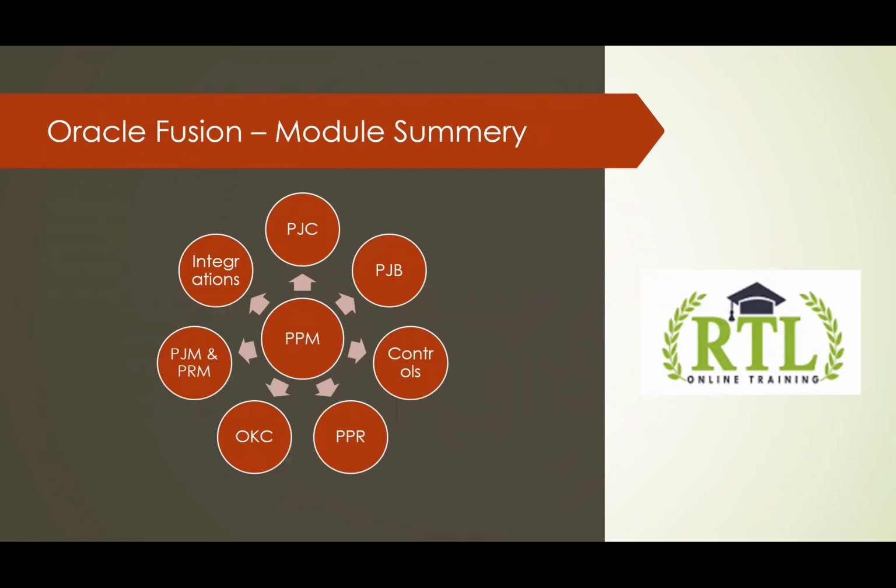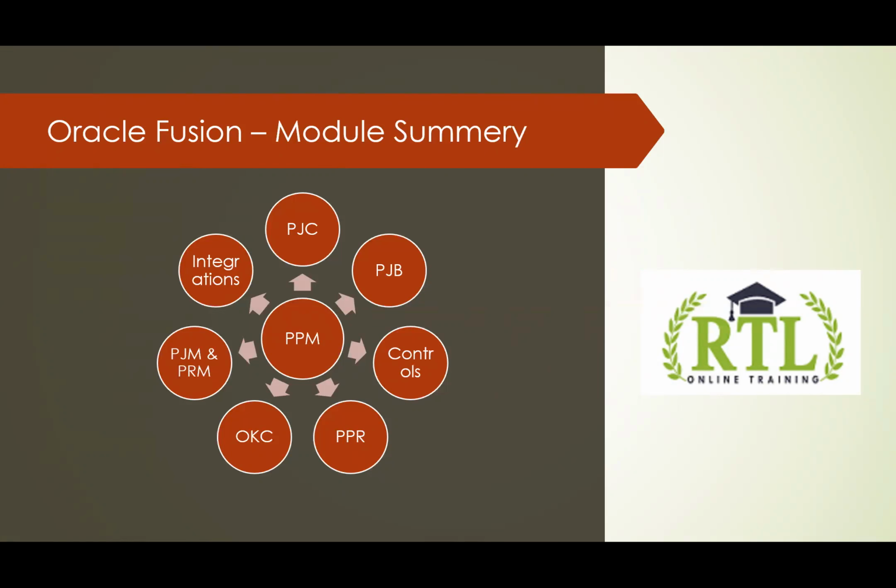And if you go to the PPM, you're going to see project costing, project billing, project controls, project reporting, and contracts, project management and resource management, and integration. Any third-party tool integrations, all those will be there in PPM. So these are the different applications or module summary.